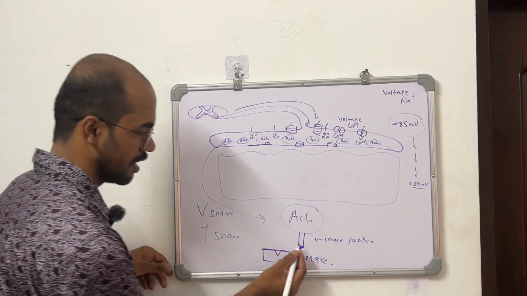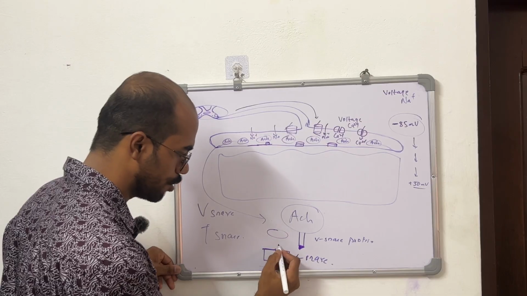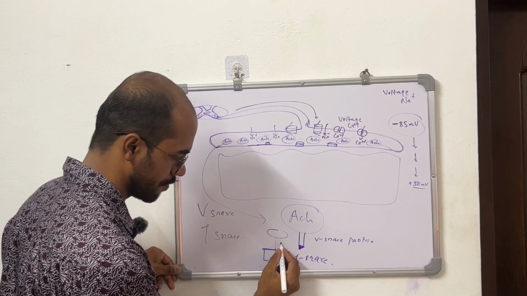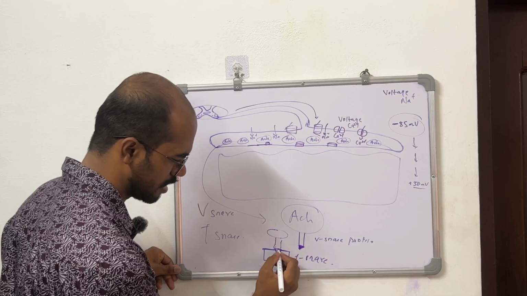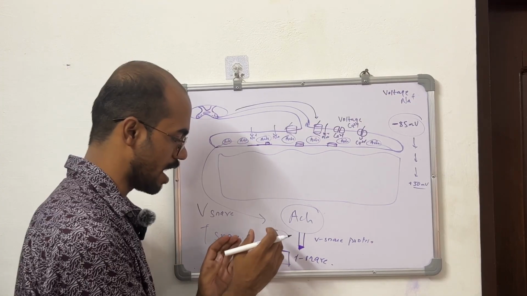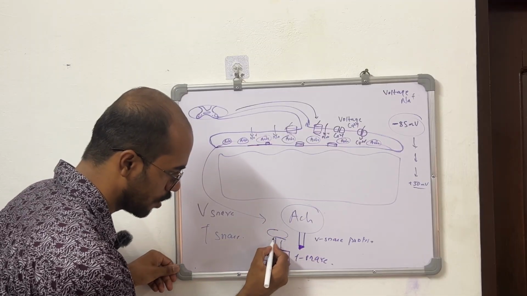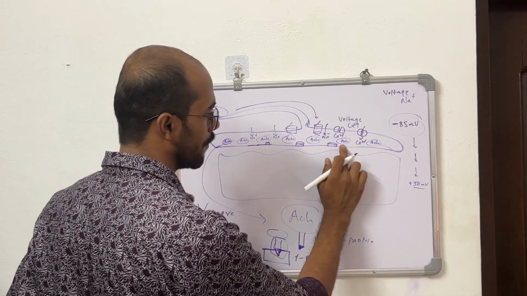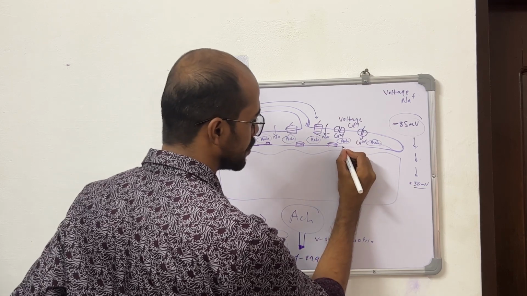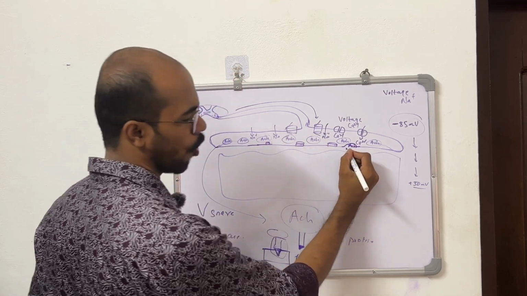See, the V-snare protein will be able to bind to the T-snare protein, right? And when this happens, this protein part or the attachment part disappears and the vesicular part opens.